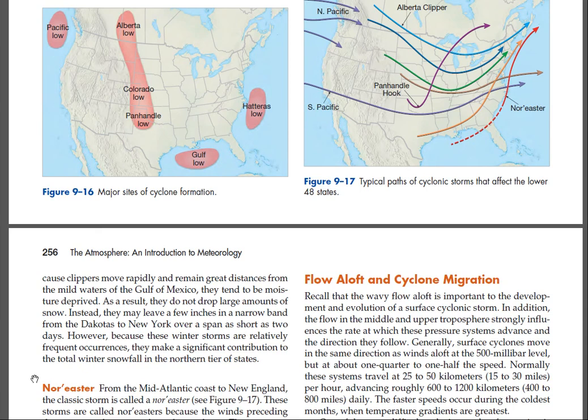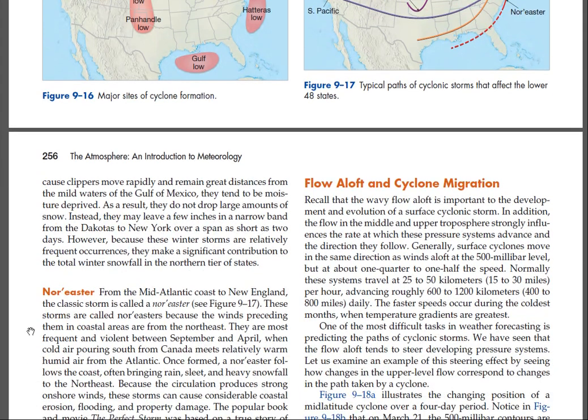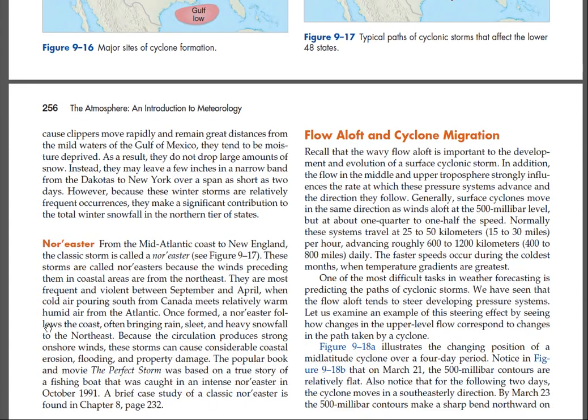Nor'easter. From the mid-Atlantic coast to New England, the classic storm is called a nor'easter, see Figure 917. These storms are called nor'easters because the winds preceding them in coastal areas are from the northeast. They are most frequent and violent between September and April, when cold air pouring south from Canada meets relatively warm humid air from the Atlantic.